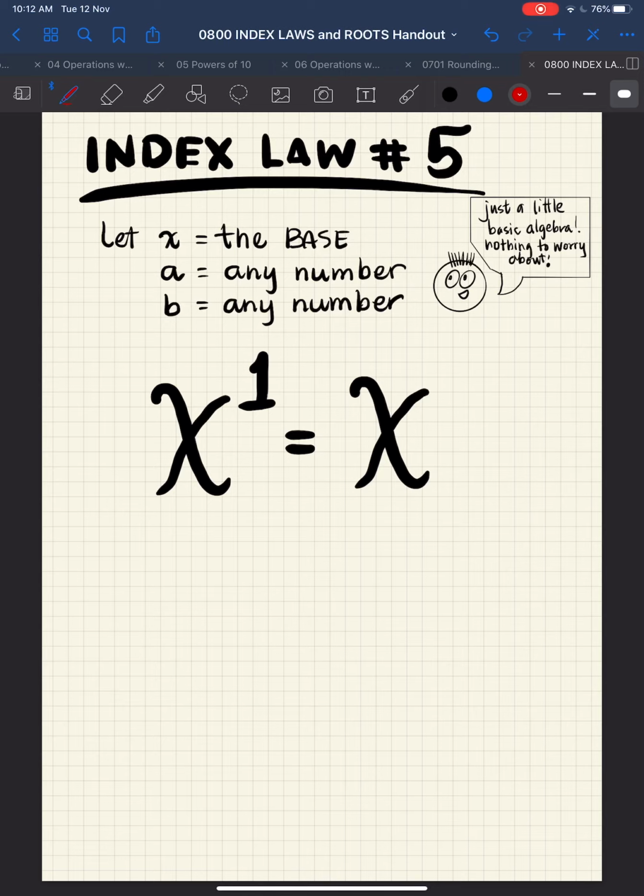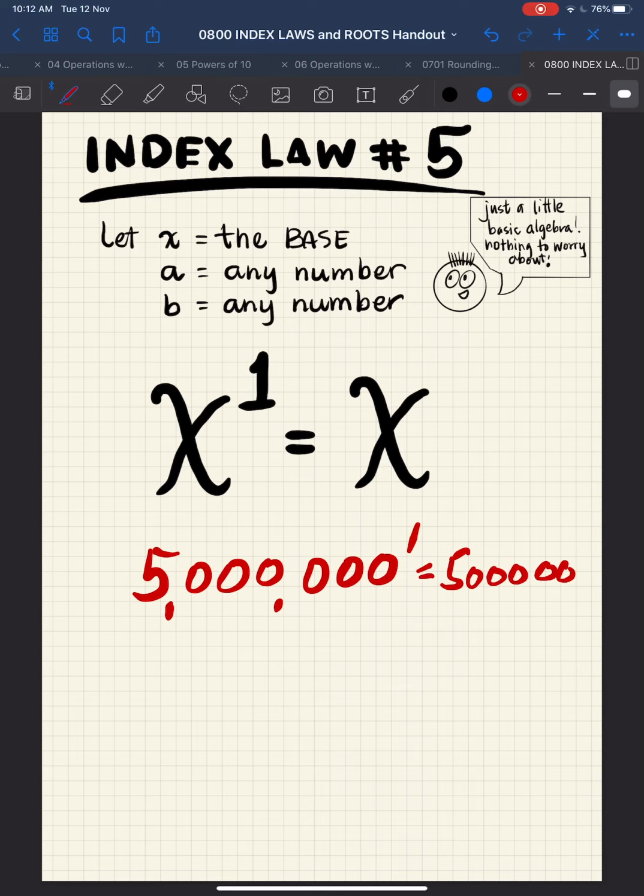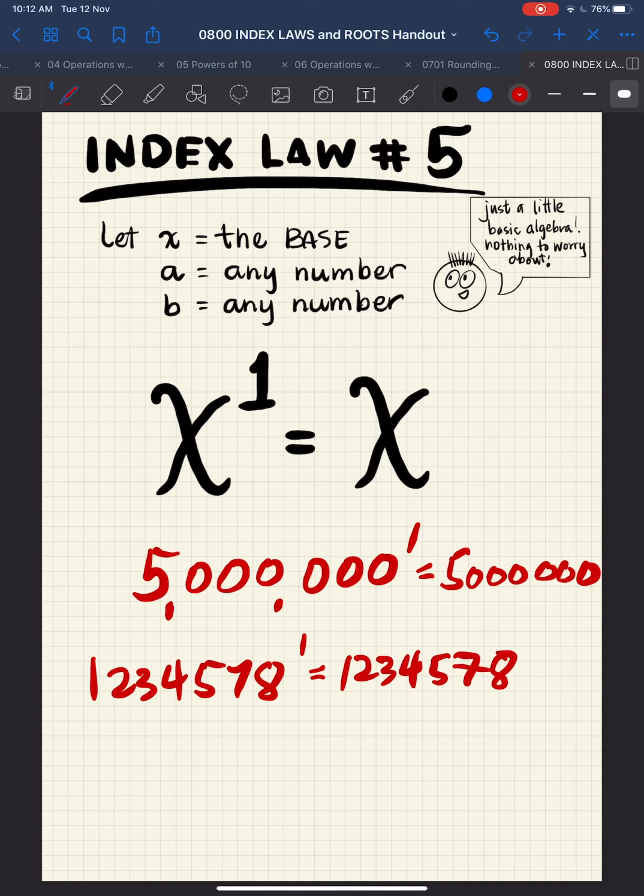Any number raised to the first power is itself. So basically, 5 million raised to the first power is still 5 million. 1,234,578 raised to the first power is still 1,234,578.